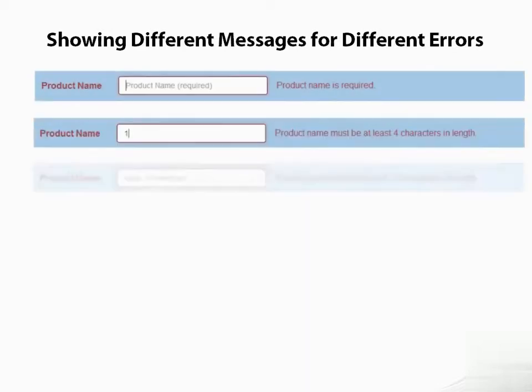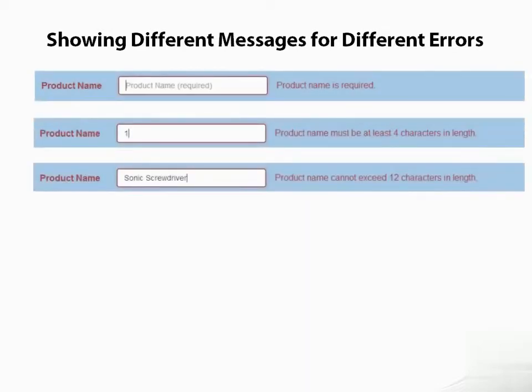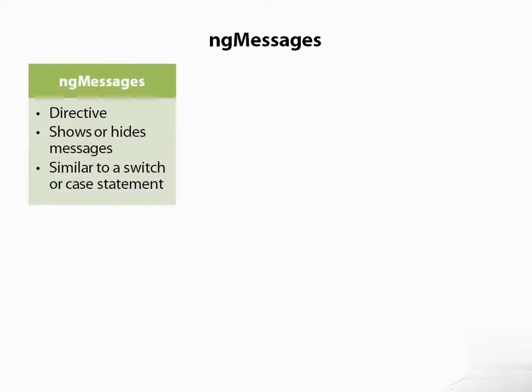How do we show different messages for different errors? When there are multiple validation rules defined for a single data entry element, we need to display an appropriate validation message based on the error. One really slick way to handle display of multiple validation messages is using the ngMessages directive. ngMessages is a directive that shows or hides messages based on a key-value pair collection.